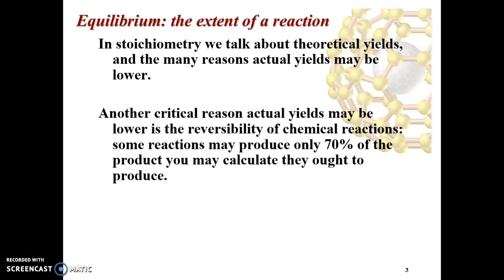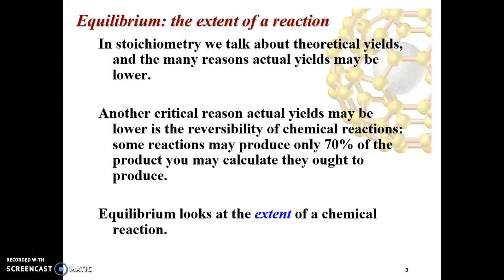So it doesn't go to completion, it establishes equilibrium. It goes in both directions, and so you don't have 100% of the products generated. You may only have 70% of the products generated, and the reaction is done because that's where the equilibrium lies.